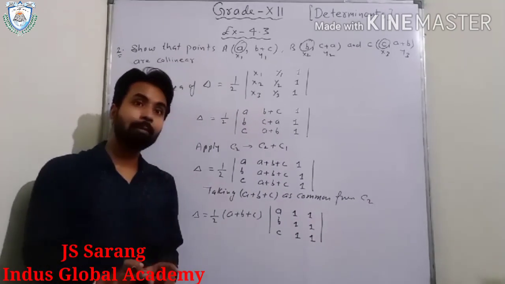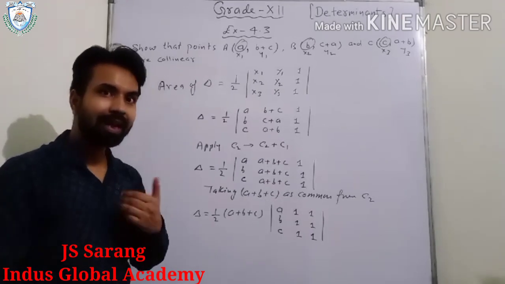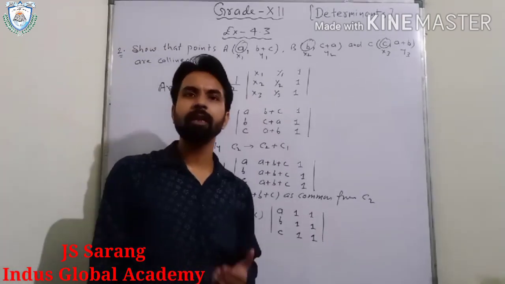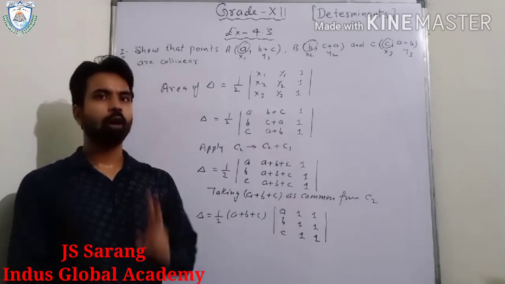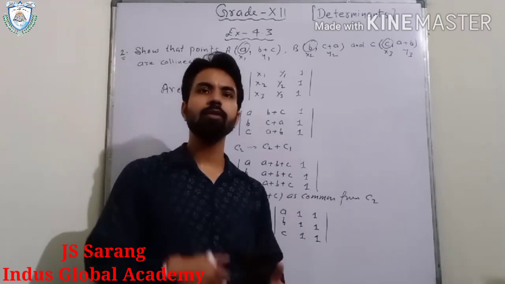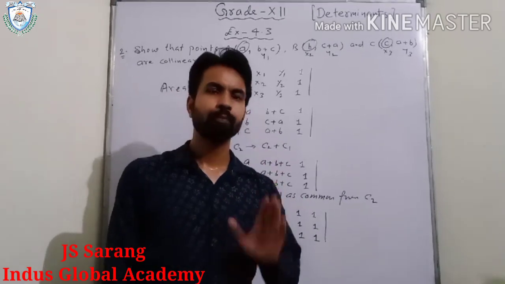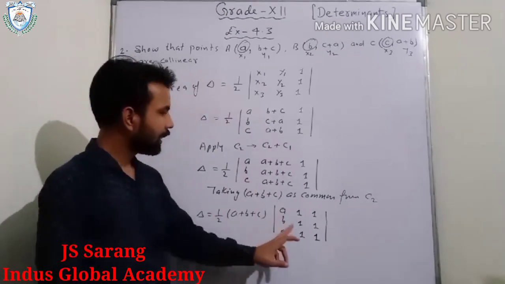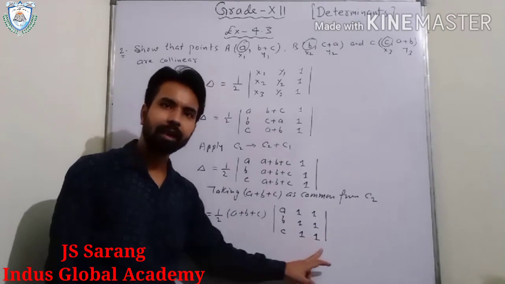Now, do you remember the properties of determinant? When I explained the properties of determinant, at that time I told you that whenever two columns or two rows are identical, then the value of the whole determinant will be 0. Do you remember this? Yes. So see, here the second column and third column are both the same, both identical.